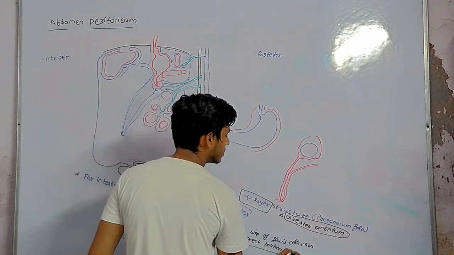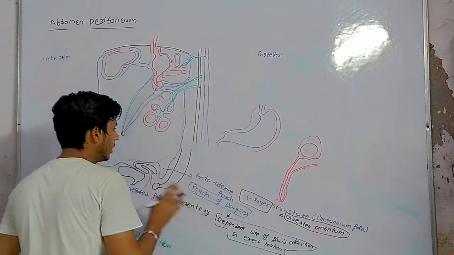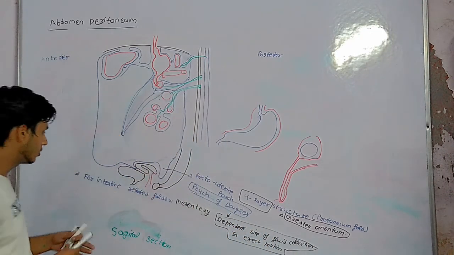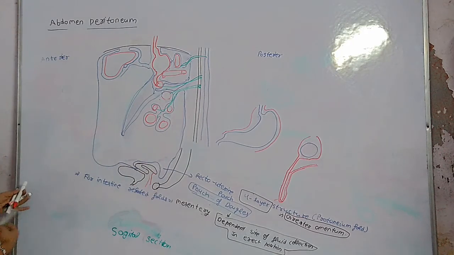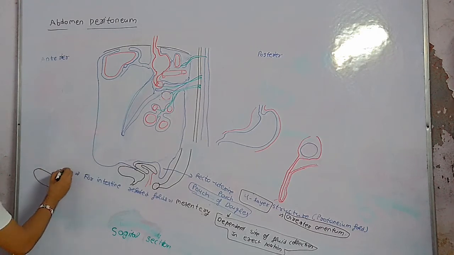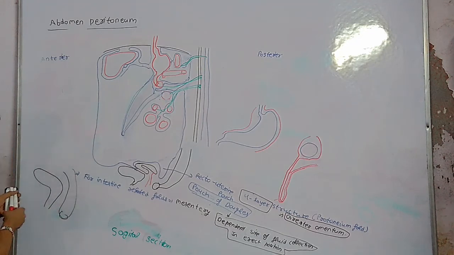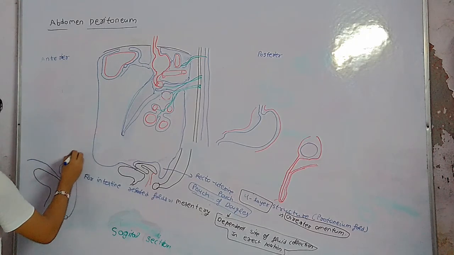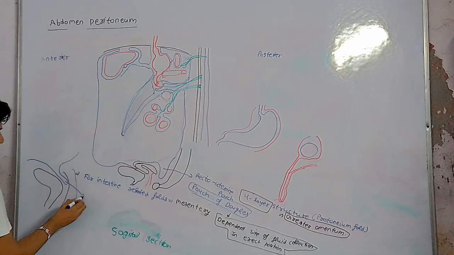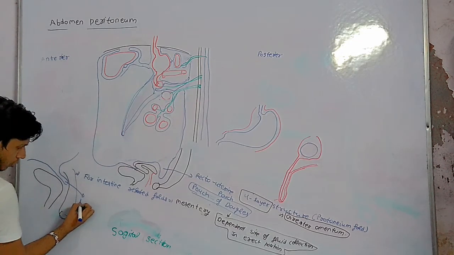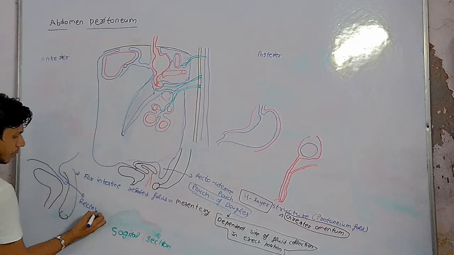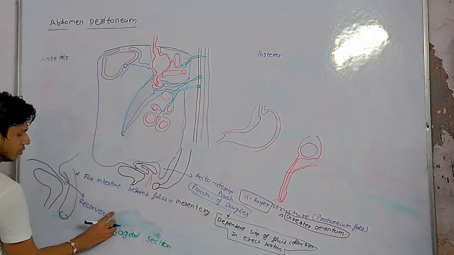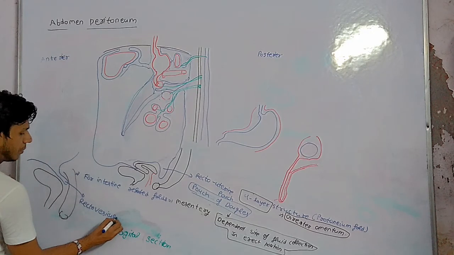In erect it is the pouch of Douglas if it is female. But if it is male, there is no uterus between them. So the male looks like this: urinary bladder, and behind it the rectum. The abdominal peritoneum is present like this between the rectum and urinary bladder, so it is called the vesicular pouch.